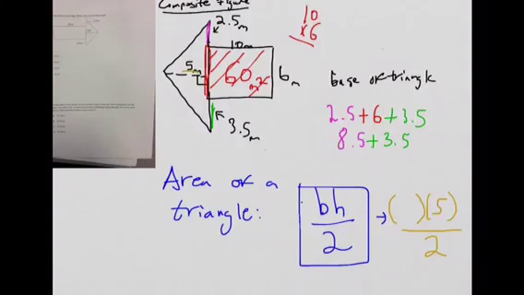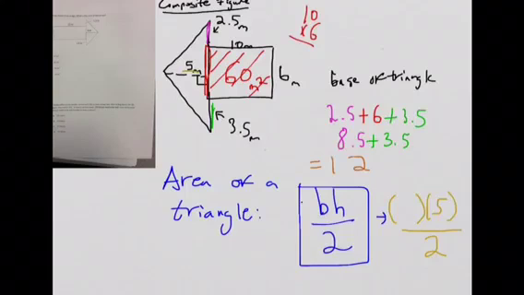And so, quick addition, you can add the whole numbers and then add the halves here. 8 plus 3 is going to be 11, then we're going to add these halves together. 1/2 plus 1/2 is going to be 1 whole. So it's going to be equal to 12. And so that's the base of the triangle.